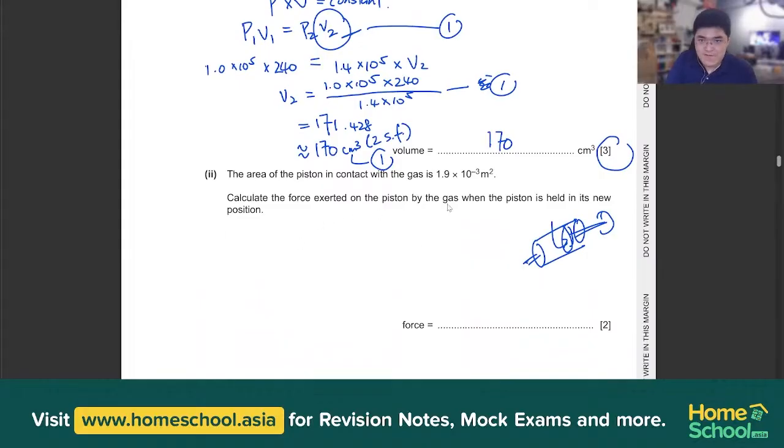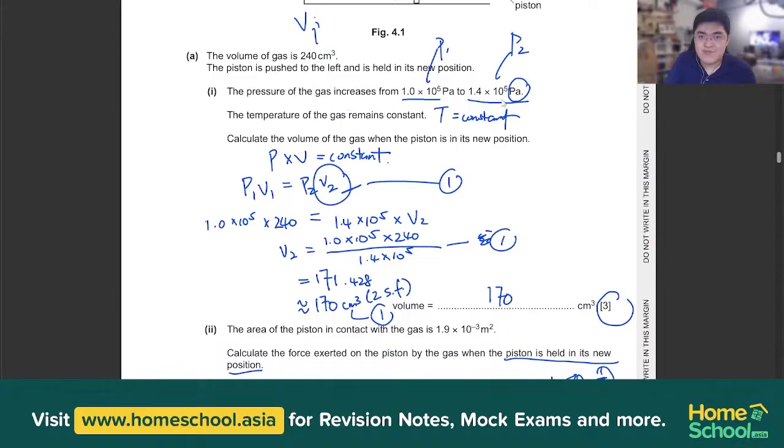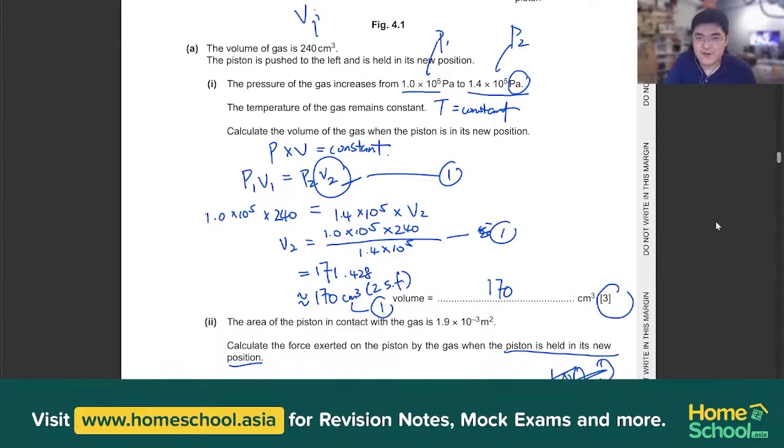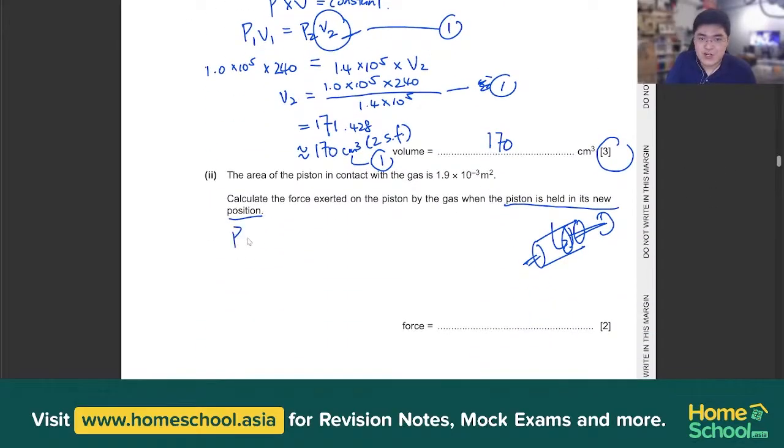For this, it feels like quite a bit of things is happening, but not to worry. We've already been given quite a lot of the things. The piston is held in its new position, and we've already been given that the pressure of the gas is increased to 1.4 times 10 to the power of 5 pascals.